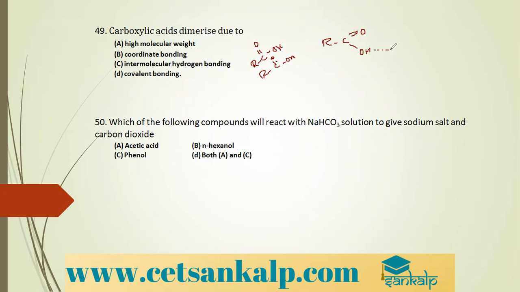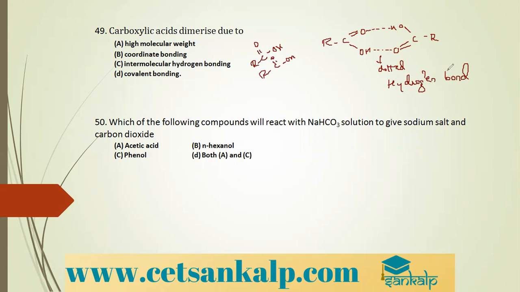The hydrogen of one carboxylic acid shows a weak attraction with the oxygen of another carboxylic acid. And the hydrogen of this carboxylic acid shows a weak attraction with the oxygen of the other, and this weak bond, which is always represented by a dotted line, is called what? Hydrogen bond.